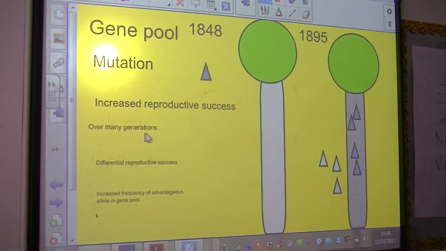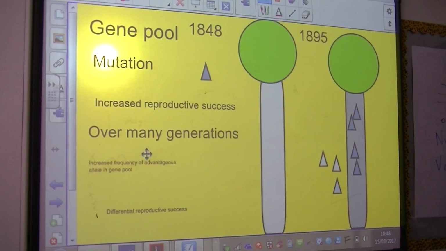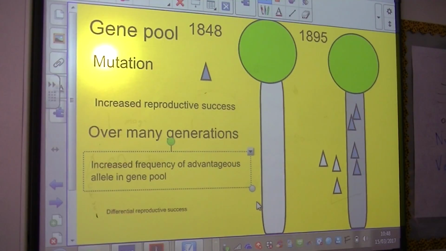Therefore, over many generations, due to the fact that these dark moths with the advantageous alleles were reproducing because they outcompeted the speckled moths, there was an increased frequency of the advantageous allele in the gene pool. Alright? Good.